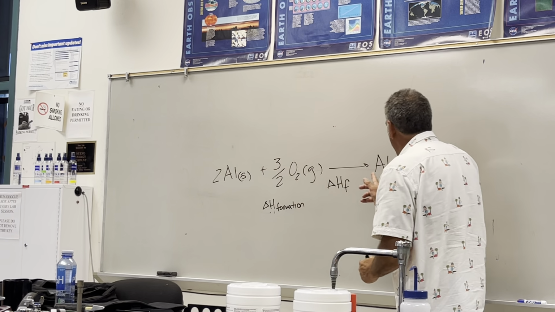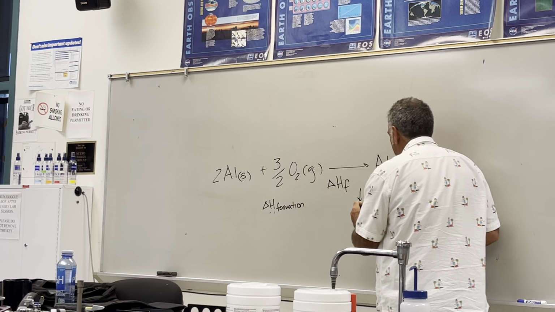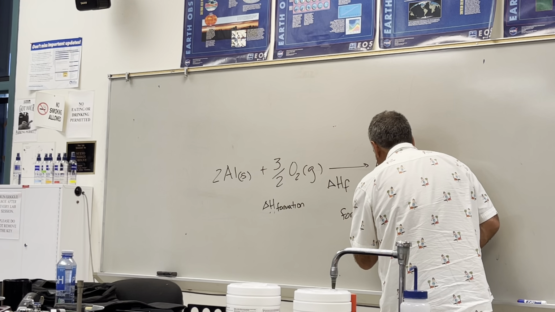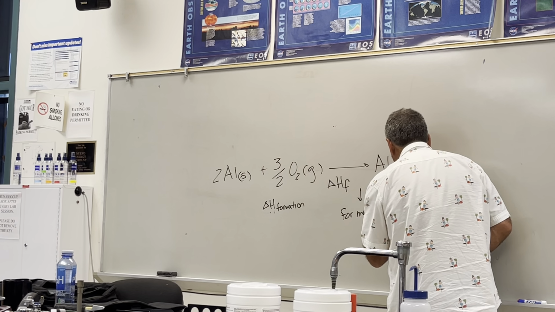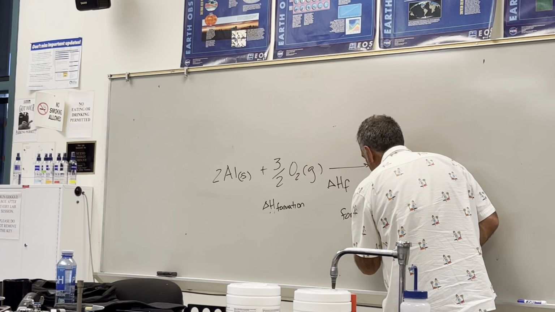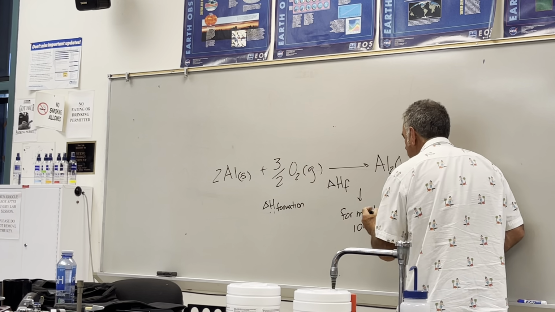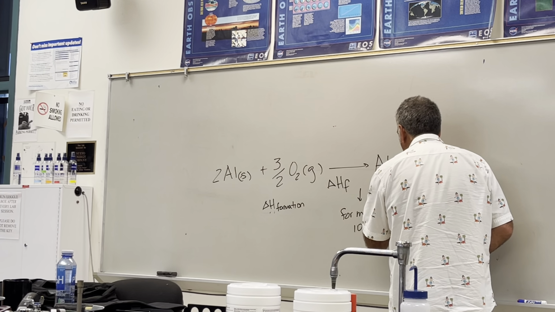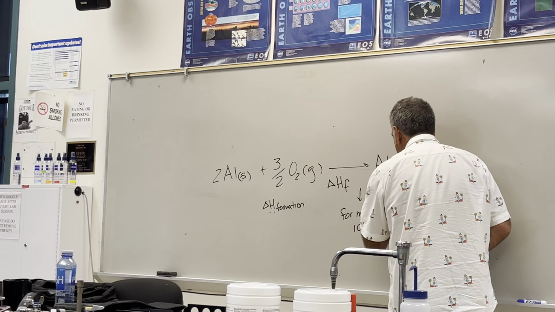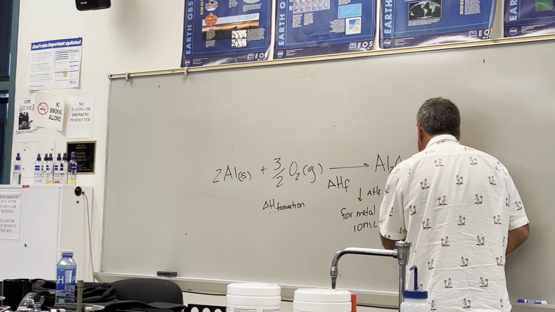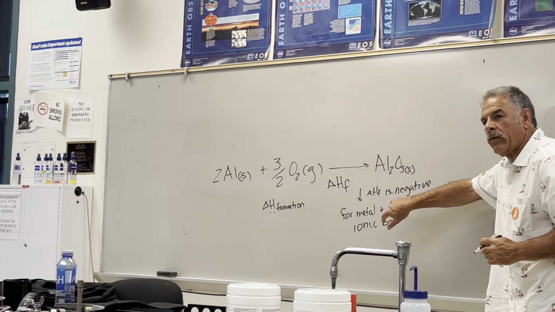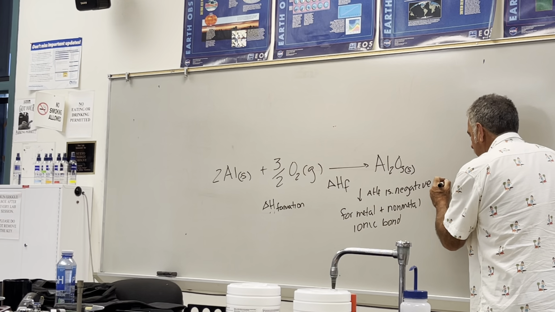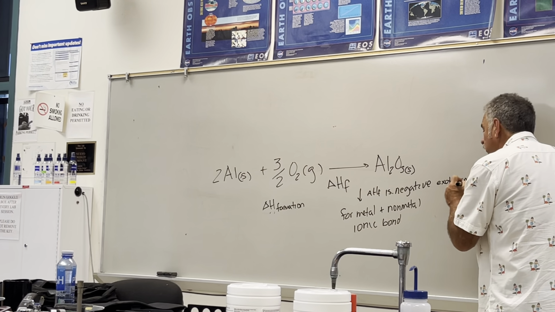Now when we do this, most of the time, this is for a metal plus a nonmetal, which is also known as an ionic bond, delta H of formation is negative, or exothermic, which means it's lower energy.